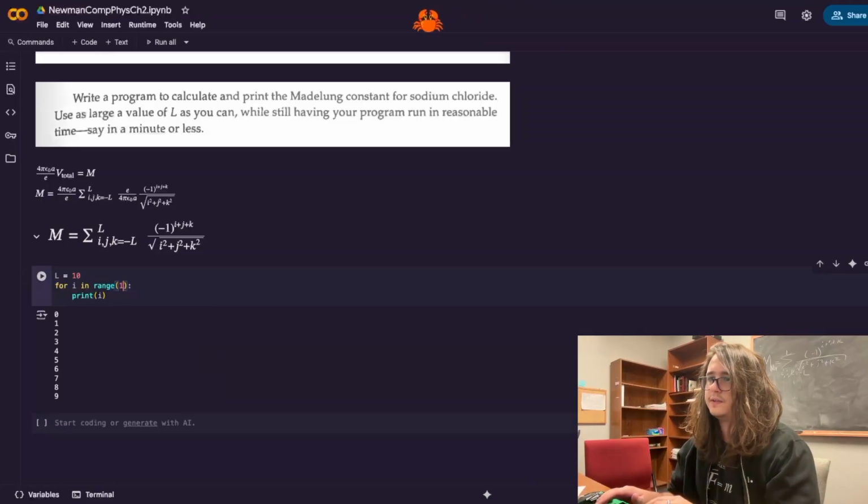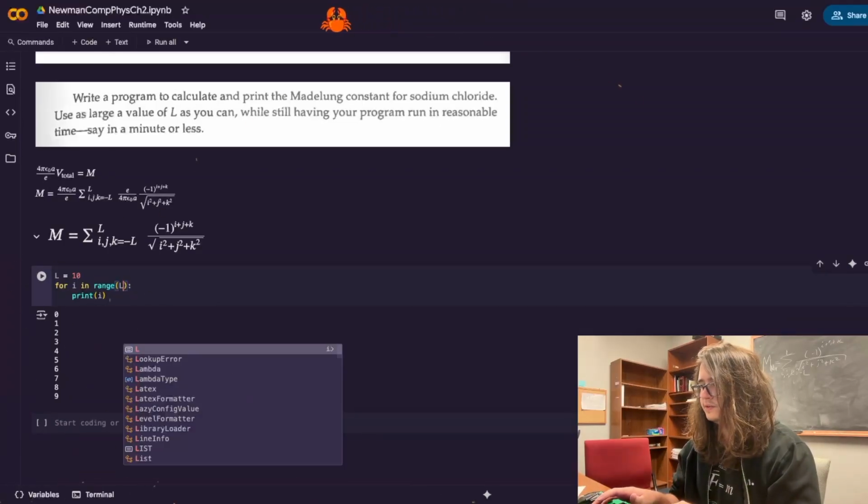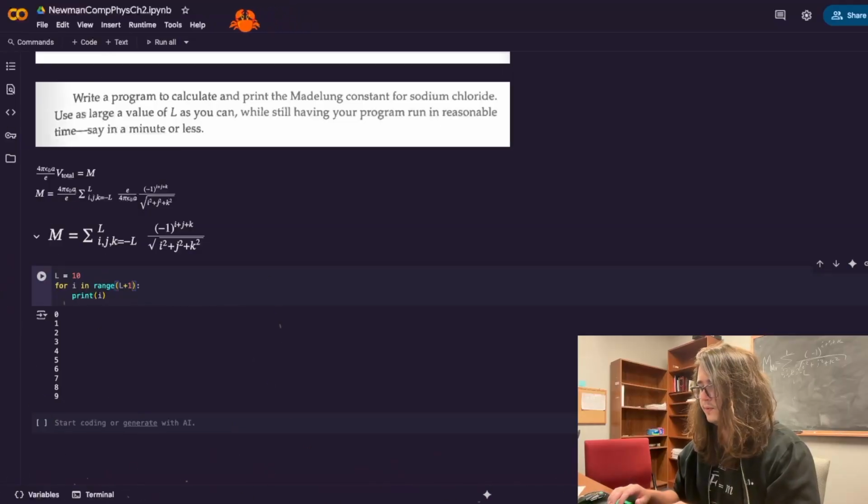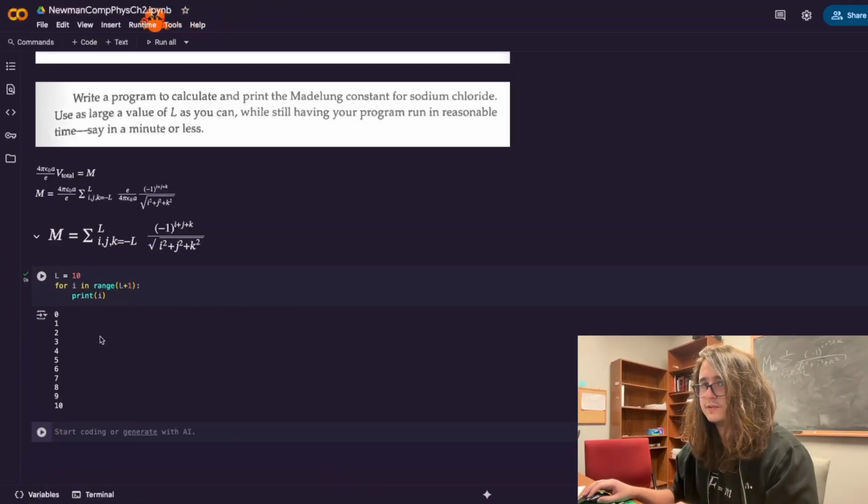So actually, you want it to, first of all, be added by 1. That way it also counts the last one. So you actually get i equals 10.